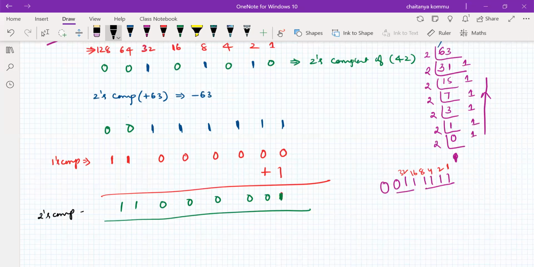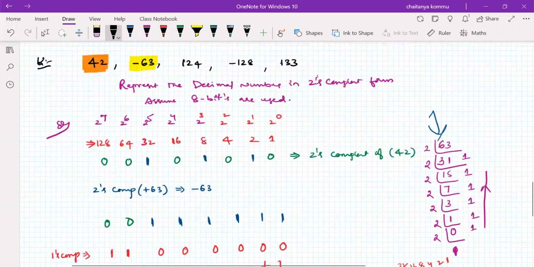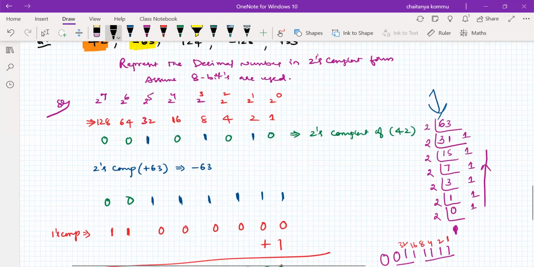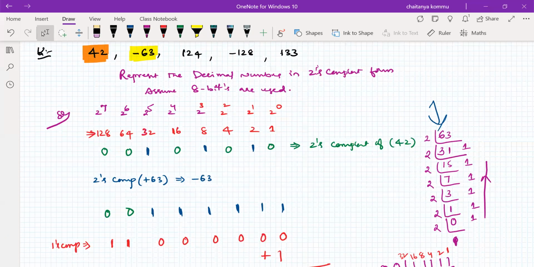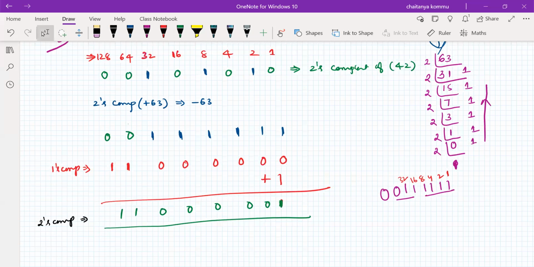Agreed? Fine. Now what about 124? 124. So is it 124? Yeah, 124. How do we represent them? Any guess? 124.